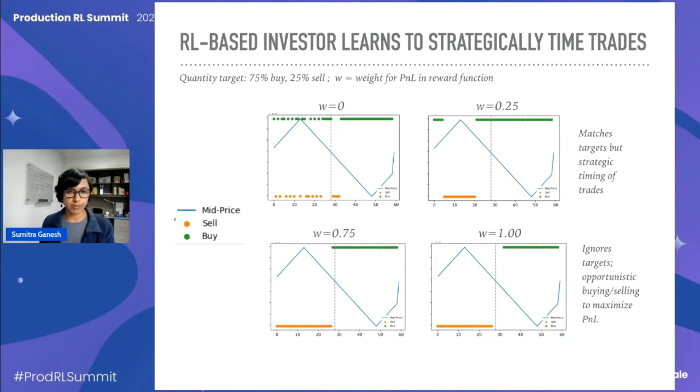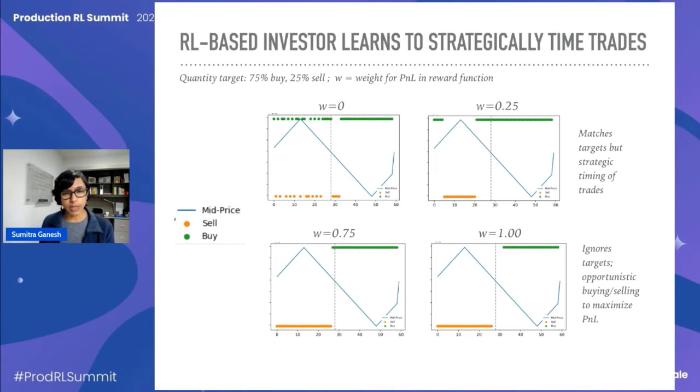And W denotes the weight on the P&L term in the reward function. After training the shared policy, what we've done here is do rollouts with the shared policy, plugging in different values for this weight. And this is really to explore and understand what the shared policy has learned for different types of investors. The blue line that you see in this plot is the reference price for the asset.